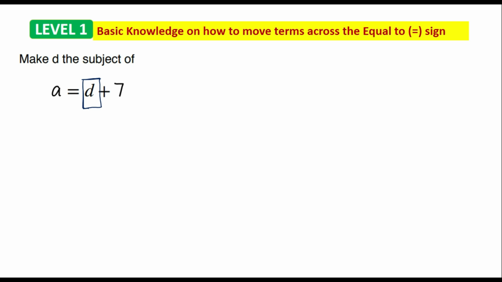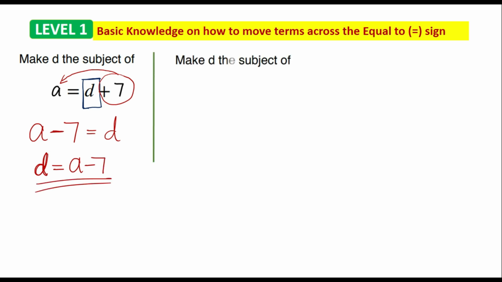So to make D alone here, plus 7 goes to the other side of the equation. Now we already have A on this side, so plus 7 moving into the left hand side becomes minus 7, and this is your D, putting the subject on the left hand side. So D is equal to A minus 7.